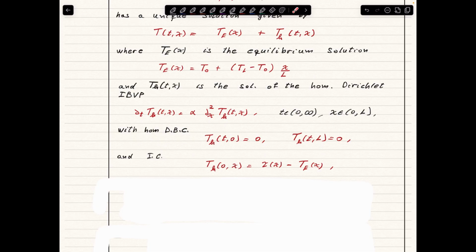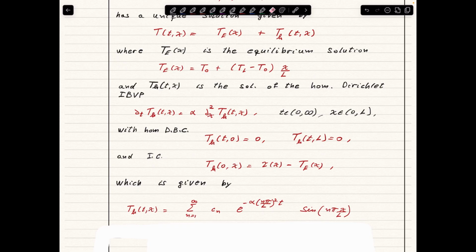So this is a Dirichlet initial boundary value problem with homogeneous boundary conditions, so we know what the solution is. For th, we have already a formula from a previous video, and the formula is the sum from n equal 1 to infinity of the eigenfunctions on the x part of the solution, these sine functions, multiplied by exponential with the eigenvalue t and the thermal diffusivity here, and coefficients.